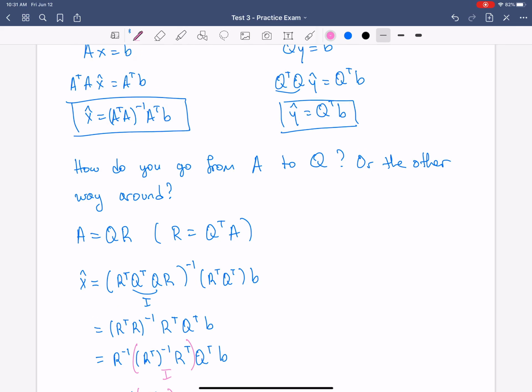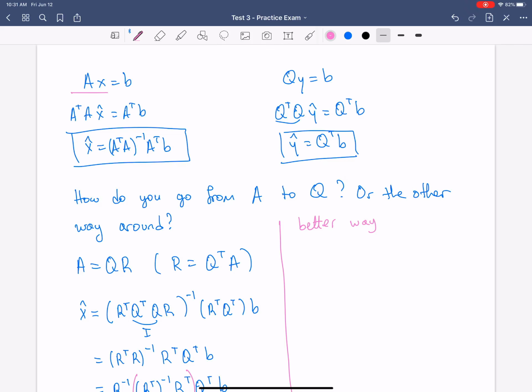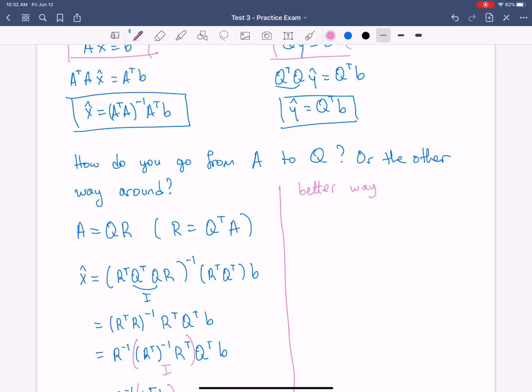But a better way is to start from the fact that in both of these, the right-hand side is B. I guess just starting from Ax equals b and Qy equals b, that's not enough because Q is not invertible and A is not invertible. So having Ax equals, you know what? I think we're just fine.